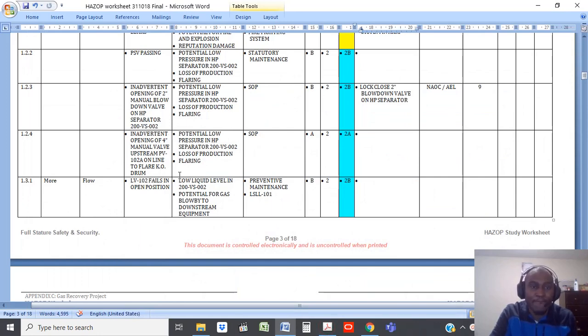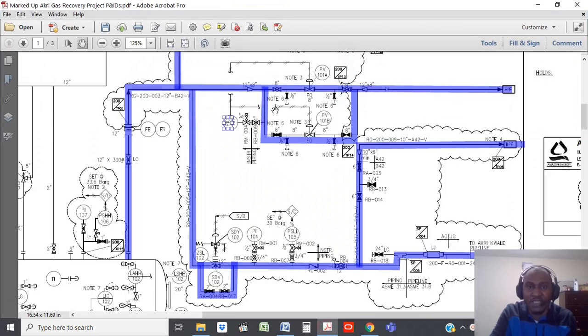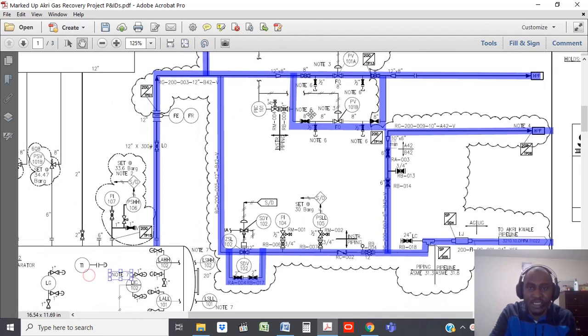If these valves are inadvertently open, you don't want that happening because all the gas would just be going to the flare. You could have more flow, meaning if any of these pressure control valves fails in open position, you wouldn't have any control over this process, because they are all at set pressures which they open or close based on what the logic solver is telling them to do.